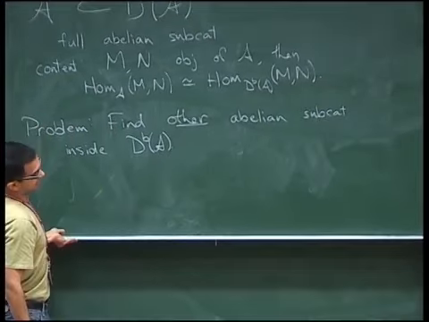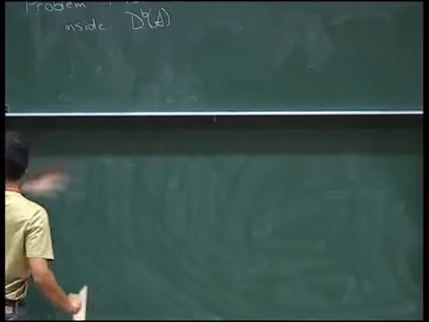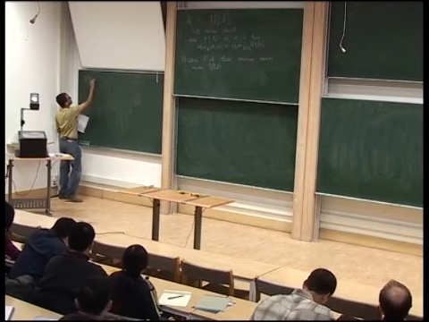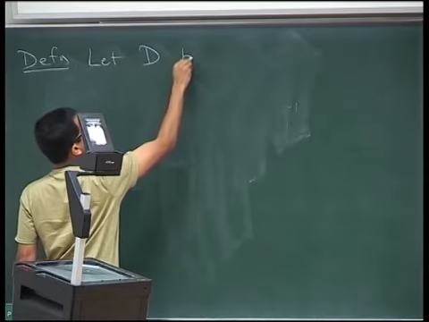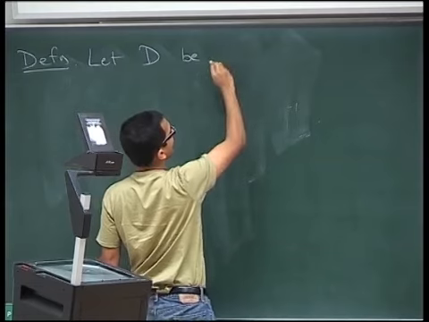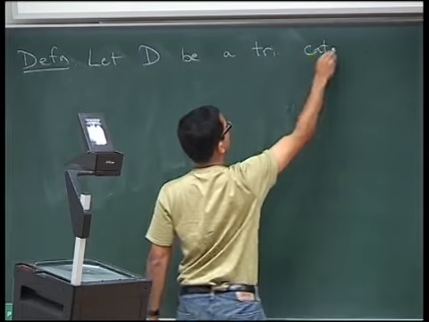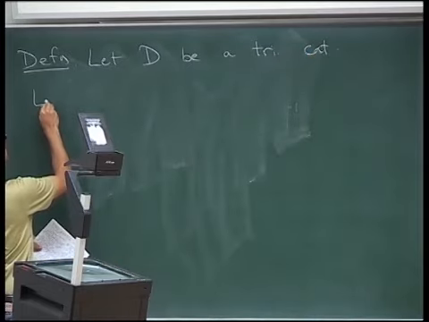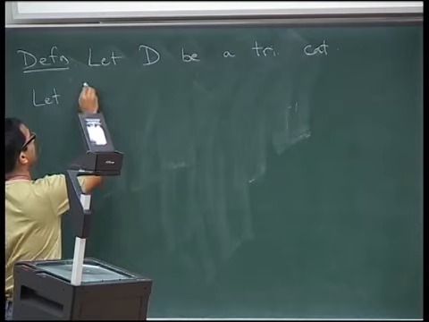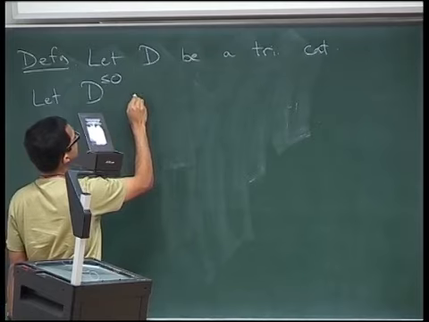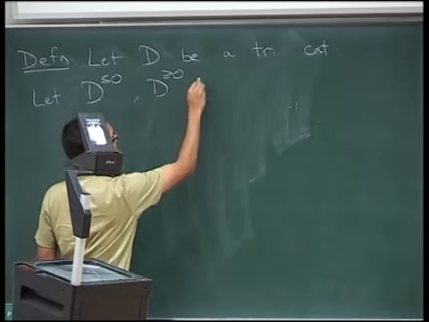Okay, so here's the definition. Well, maybe I'll write the definition over here, and then I'll keep it up for the rest of the talk. So for the definition, I'm going to let D be any triangulated category. It doesn't have to be a derived category. And then suppose you're given two full subcategories of it, which are going to be called D less than or equal to 0 and D greater than or equal to 0.